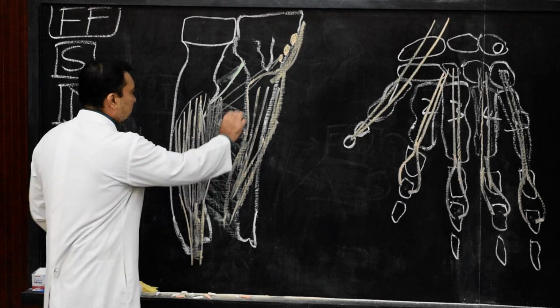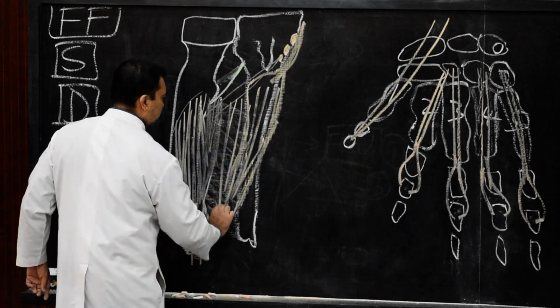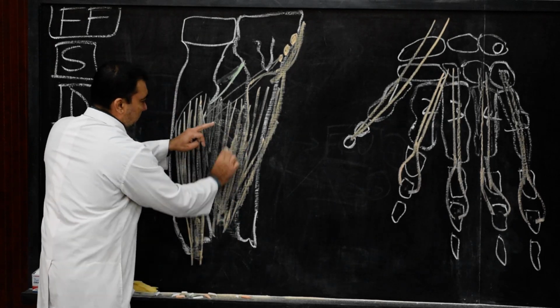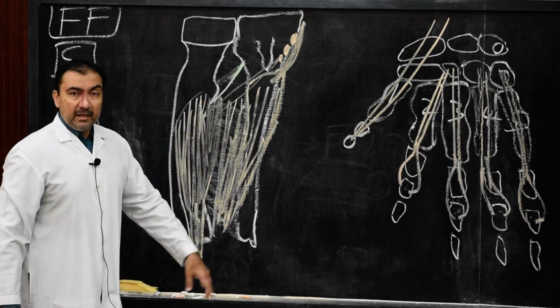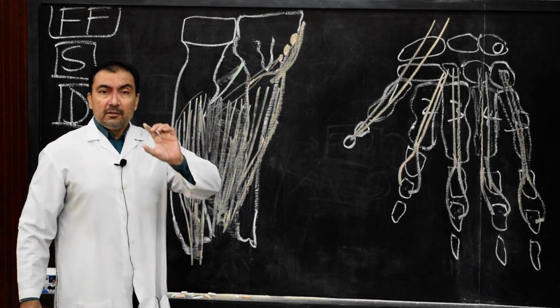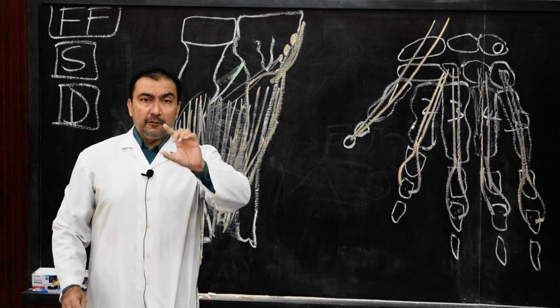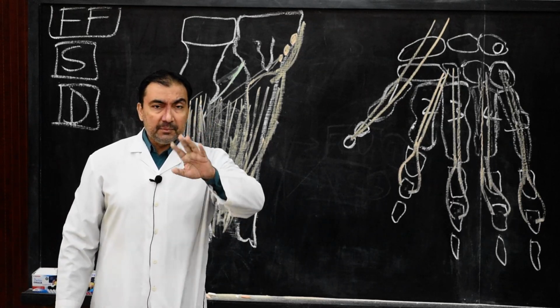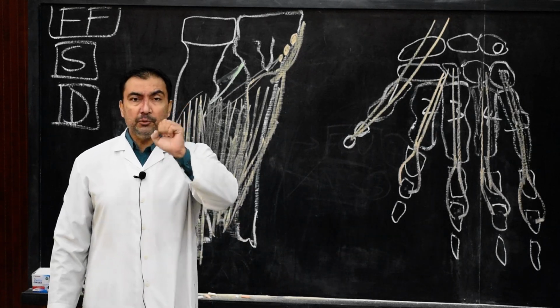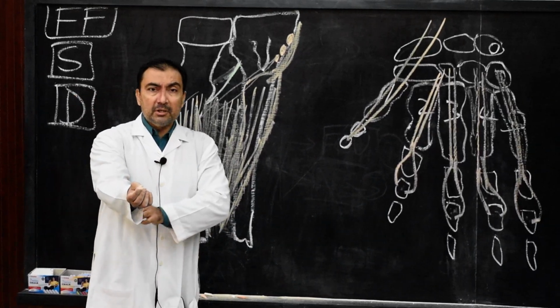Third point, it will also take origin from the interosseous membrane. And fourth point, it will also take origin from the common aponeurosis of the posterior border of the ulna.